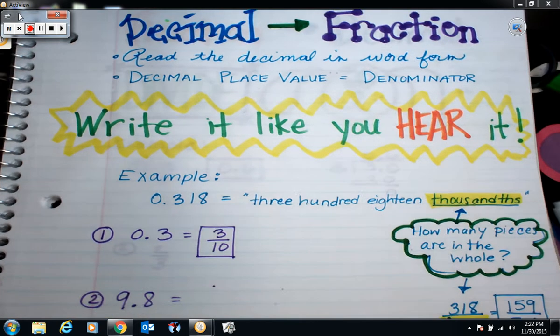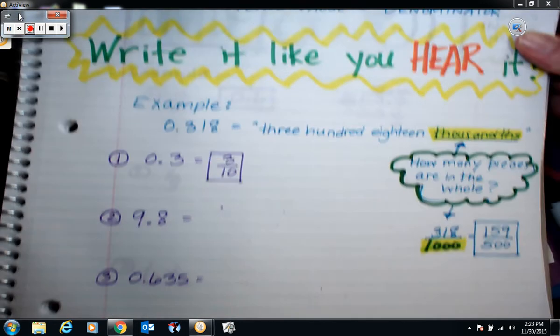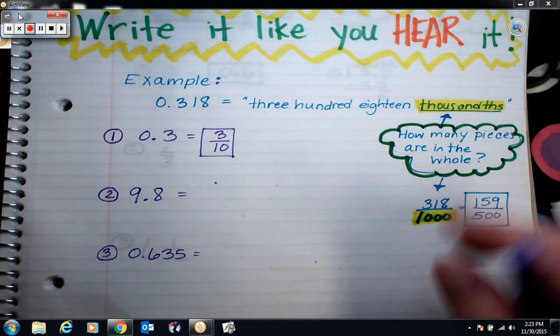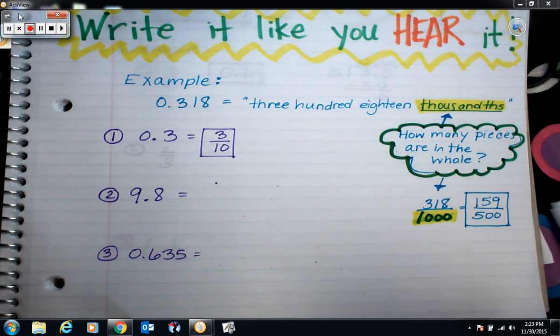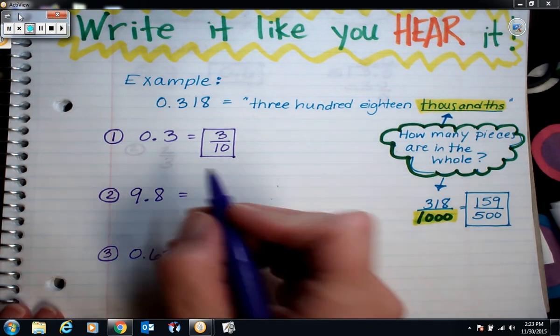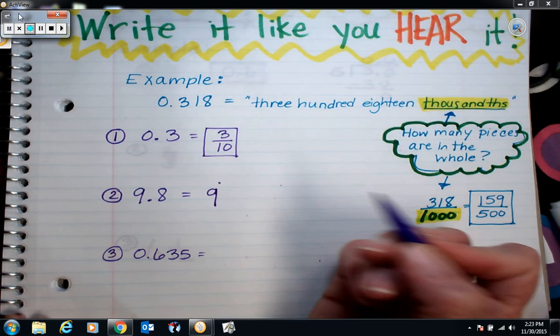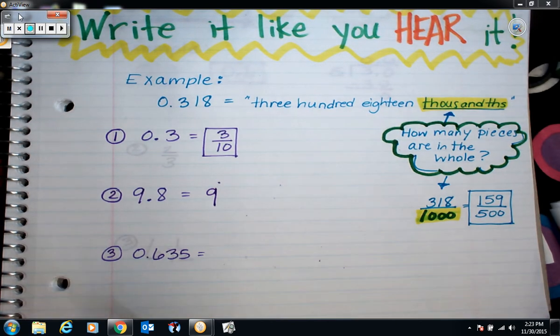So we've already worked a couple of examples together, so let's go to example number 2. I'm going to read aloud the decimal in word form, and that would be 9 and 8/10. When I write it like I hear it, I'm going to keep the whole number part the same, so this is 9, and then I would write 8/10 exactly like I hear it.